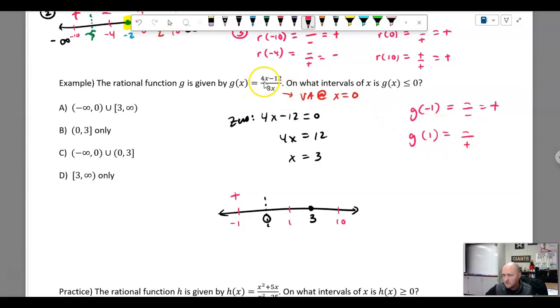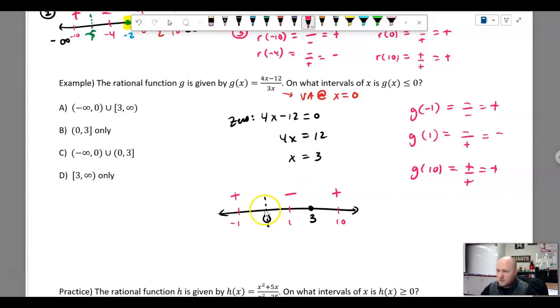When I plug in 1, 4 times 1, 4 minus 12 is negative. This is negative. So again, like we thought. And then let's plug in 10. If I plug in 10, 4 times 10, ooh, that's much bigger than that -12. So that's a positive quantity. And 3 times a positive 10 gives us a positive. So this is positive.